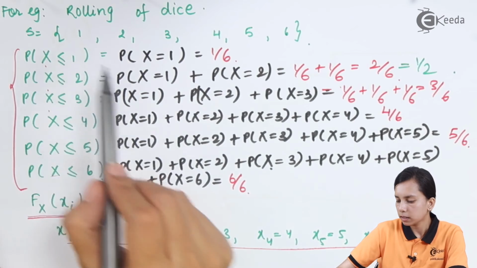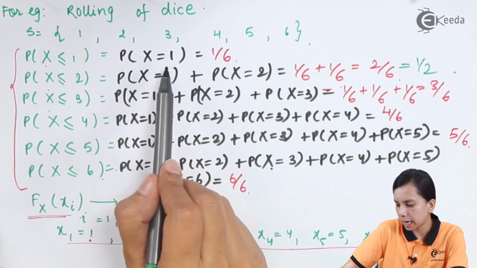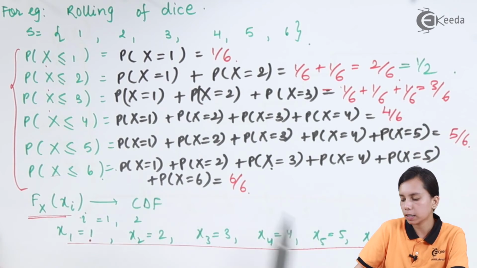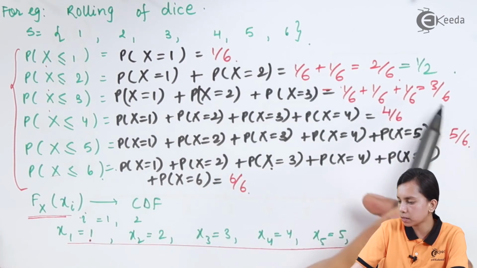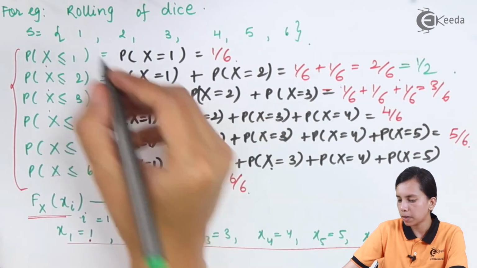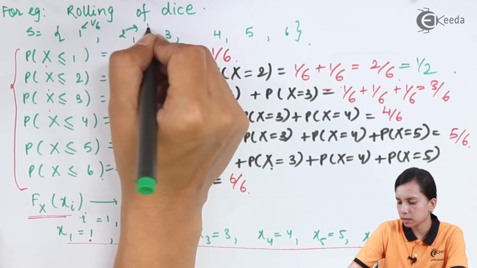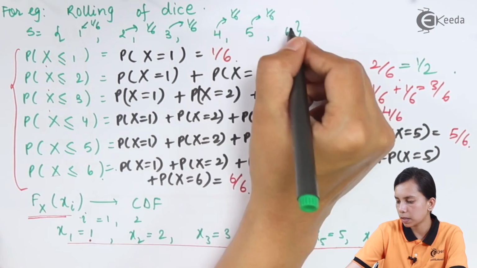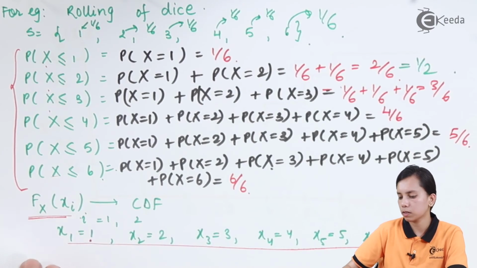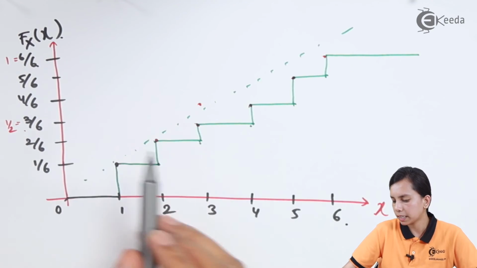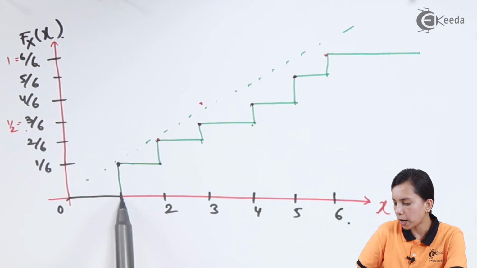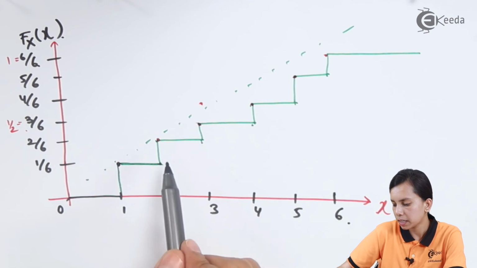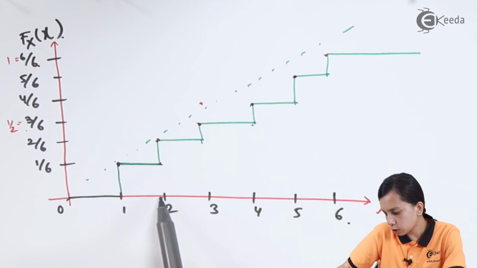As we know, the probability of getting 1 or 2 or 3 or 4 is always 1/6. And in between 1 and 2 the probability is constant, it is not changing, it jumps at 2.